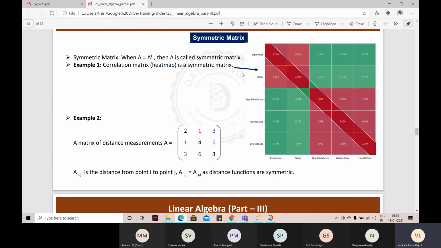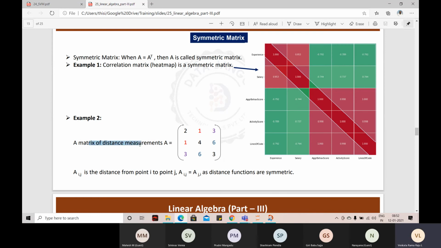Because class 1 tries to look at how it is being predicted as class 1, class 2, class 3, class 4, class 5. Again, class 2, class 1. I think it is symmetric. We need to think a little bit or look at it. Maybe wrong, maybe right. You look at it later.